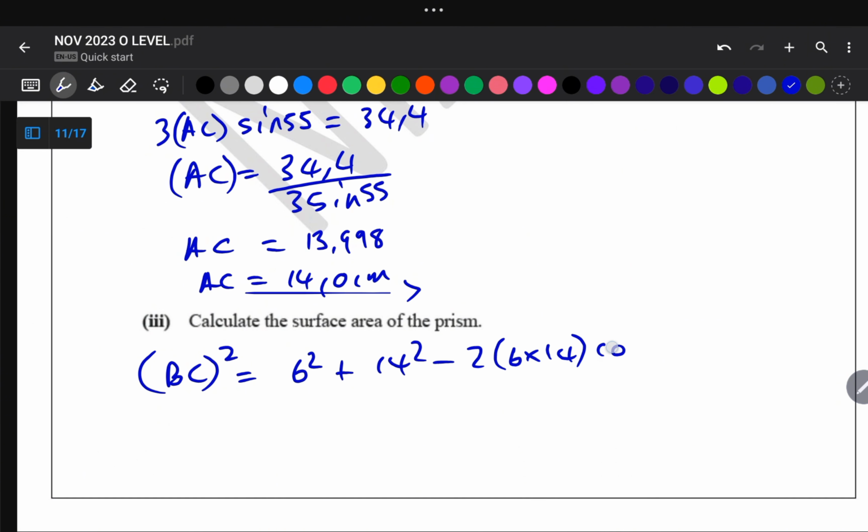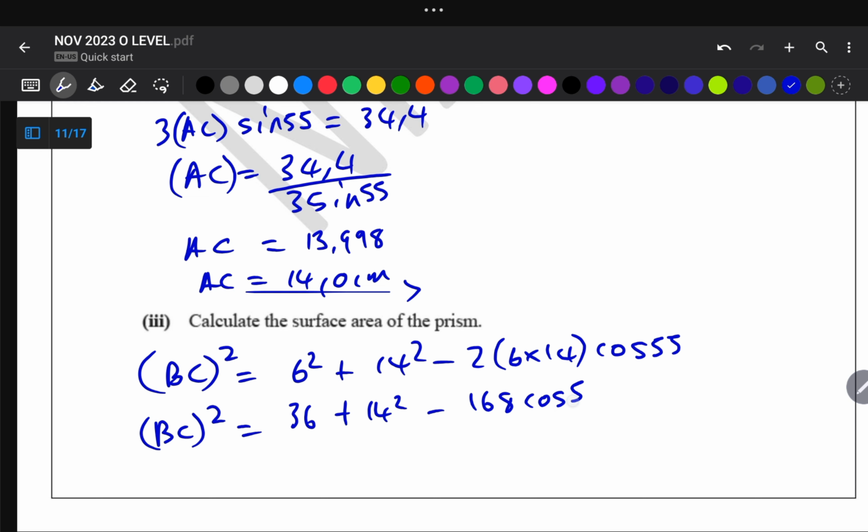Okay, so BC squared is equal to 36 plus 14 squared minus 6 by 14, this gives us 84, by 2 gives us 168. So it is 168 cosine 55.